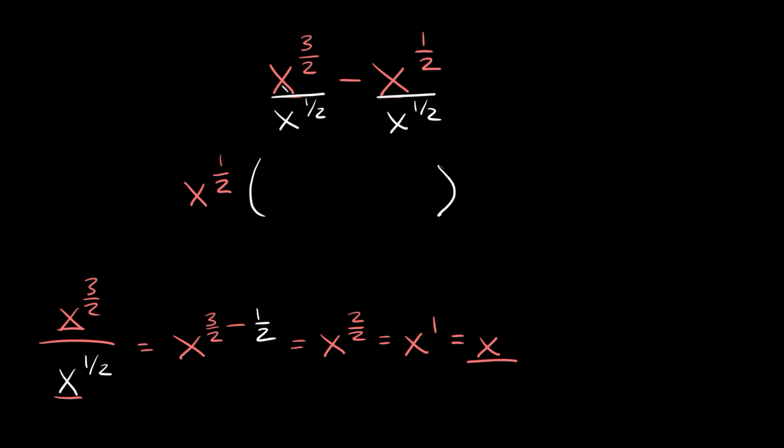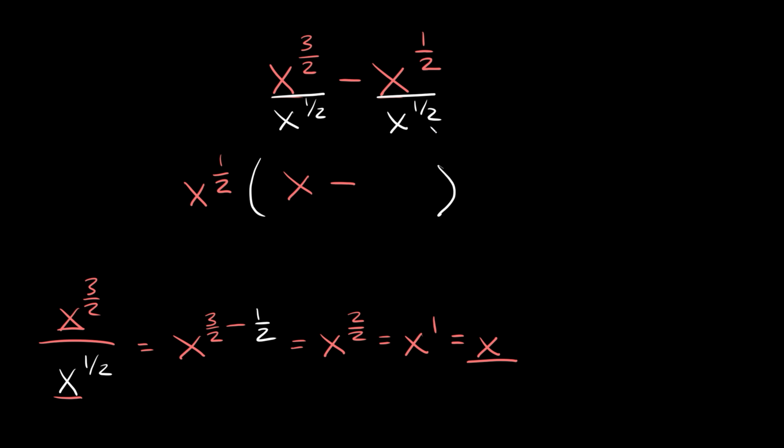So that's what we have up here, which means this thing right here is equal to just x. Okay, great, so there's our first term. And then here you can see we're subtracting, so we'll keep that subtraction sign. Then we just need to divide these two, but as you can see, we have the exact same thing on the top as we do the bottom, x raised to the 1/2 over x raised to the 1/2.